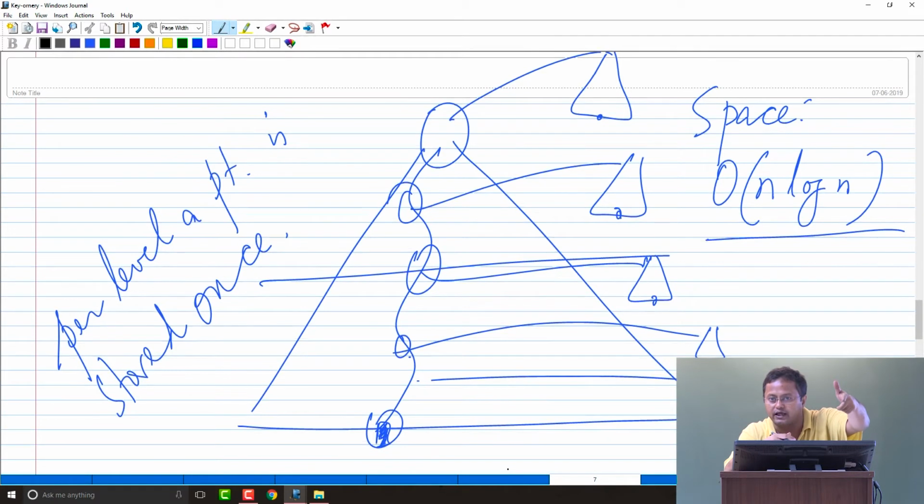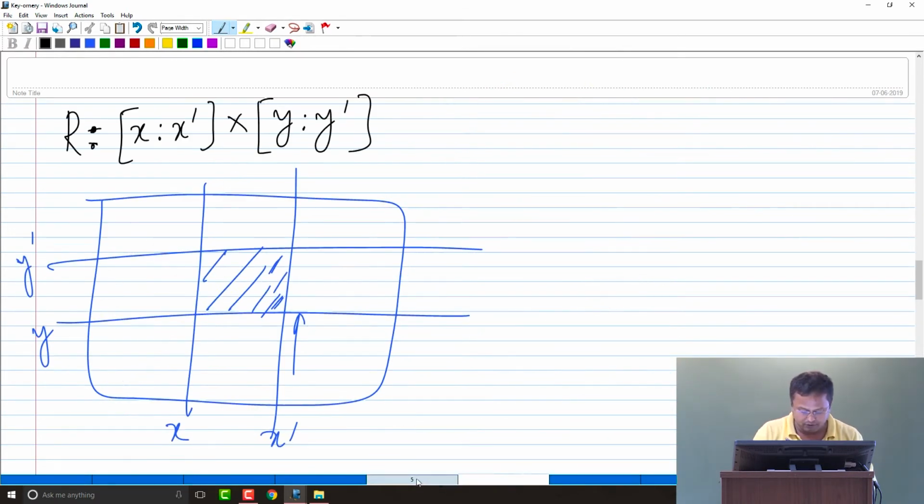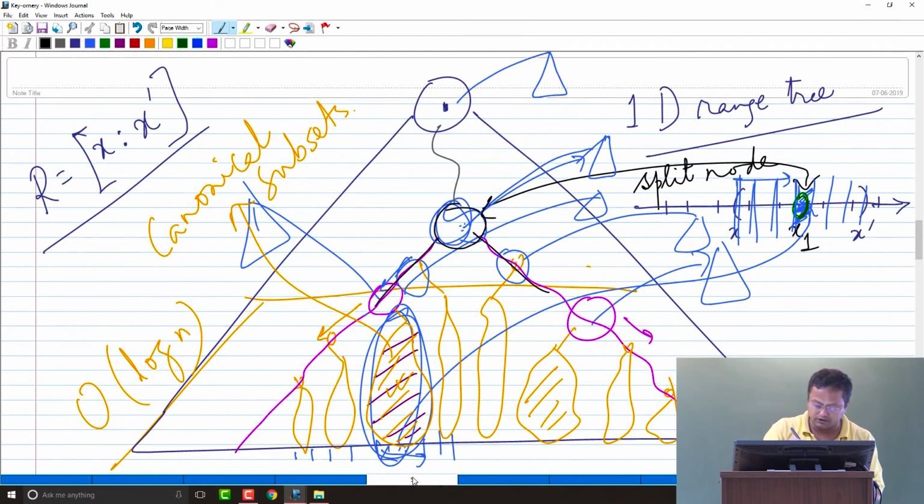Whenever you are going to an associated structure, mind you, what was your range tree kind of search? Whenever in this search tree you are going left of the split node and you are reporting the right subtree, then you are initiating a query on the associated structure.